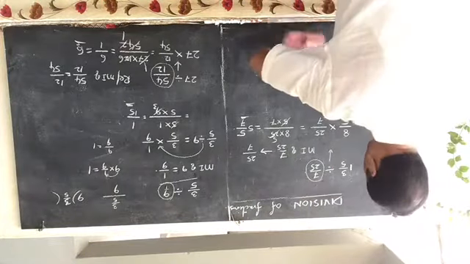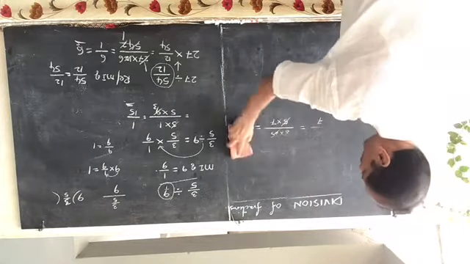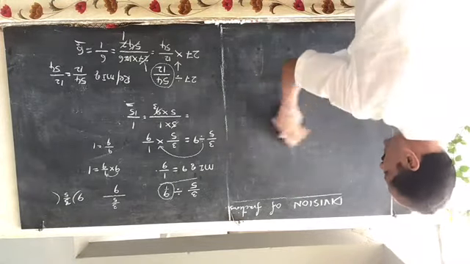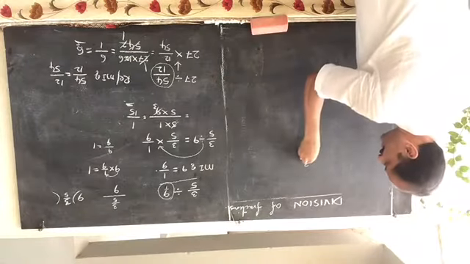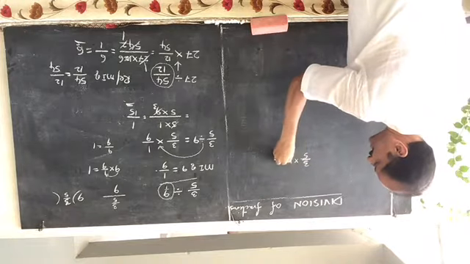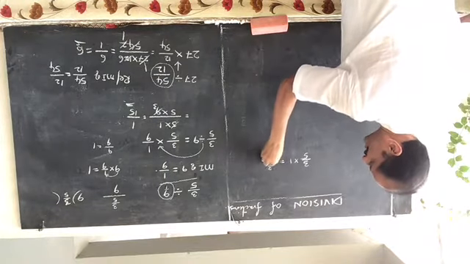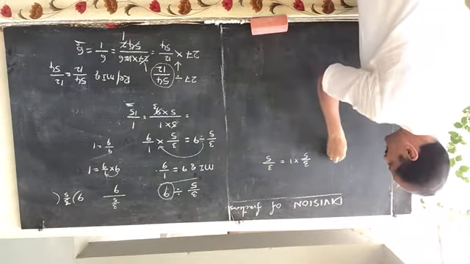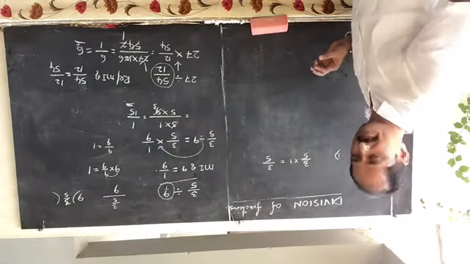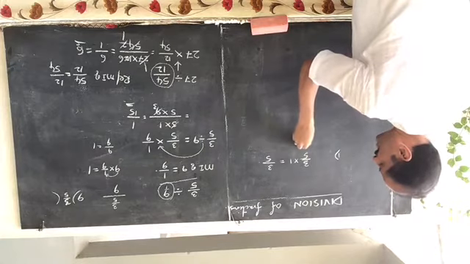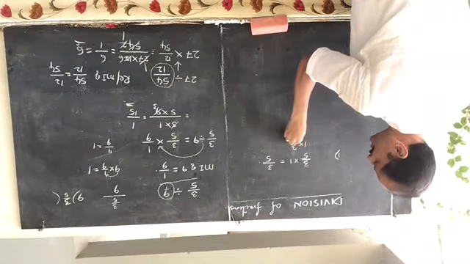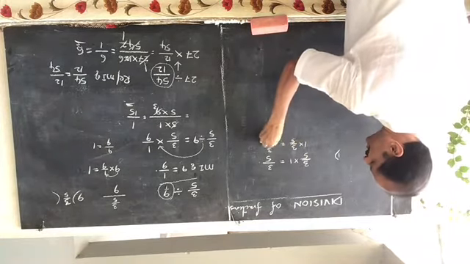If you multiply a fraction with 1, 3/5 with 1, you will get the same fraction. That is the first property: multiplication of a fraction with 1. Then second one, 3/5 with 1 or 1 with 3/5, also you will get 3/5 only.